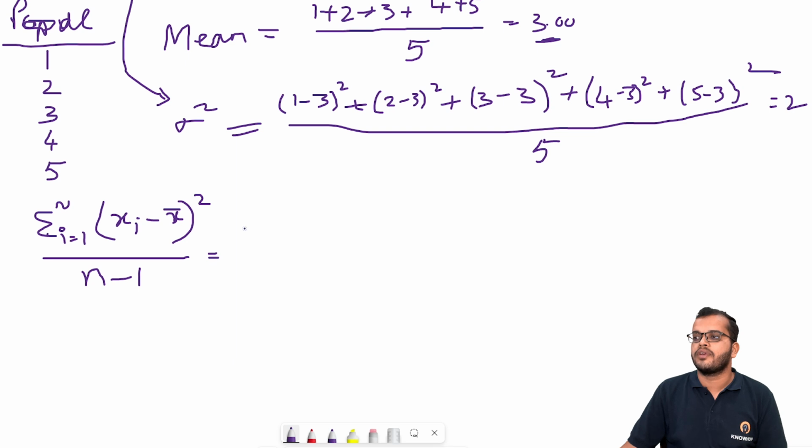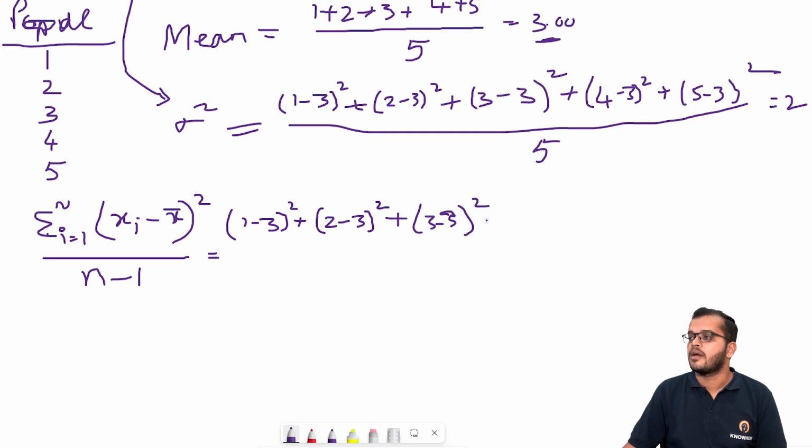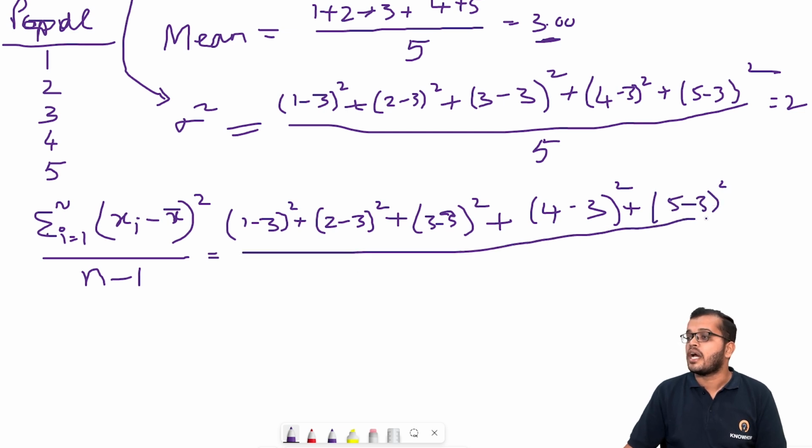We take the same terms: 1 minus 3 whole square plus 2 minus 3 whole square plus 3 minus 3 whole square plus 4 minus 3 whole square plus 5 minus 3 whole square, divided by n minus 1, which is 5 minus 1, which is 4. The answer here will be 2.50.